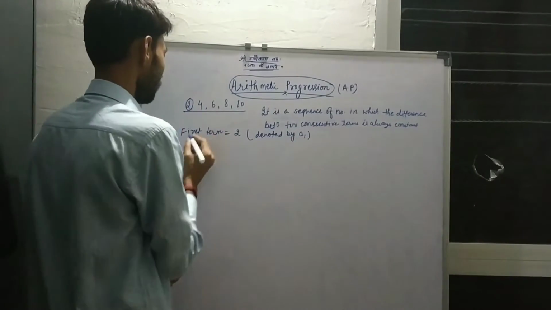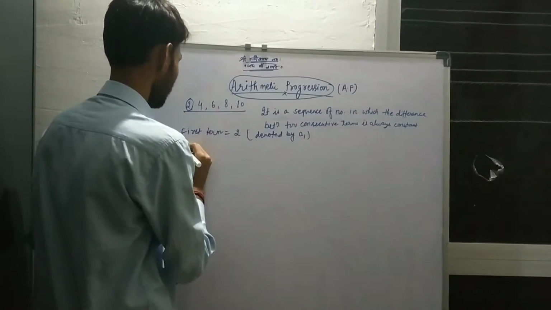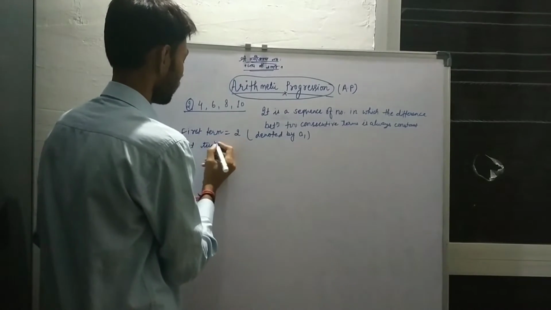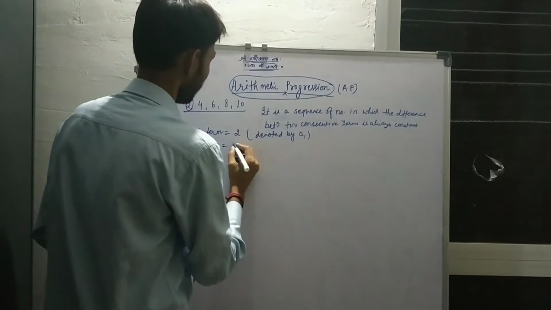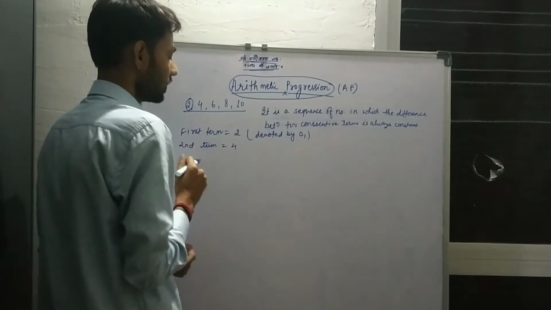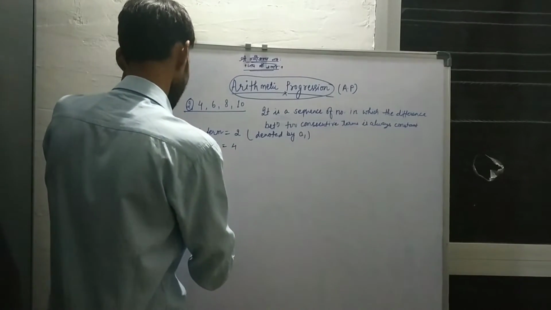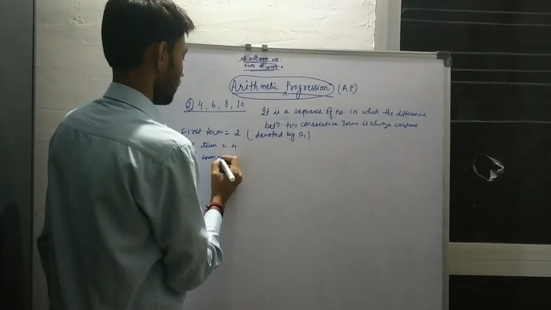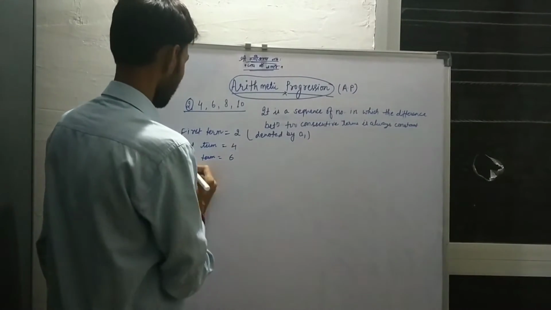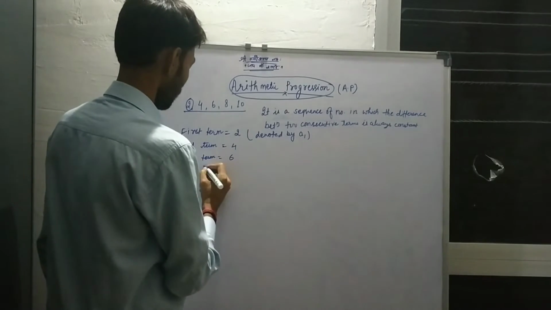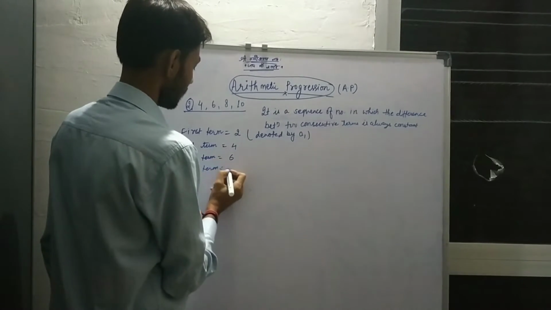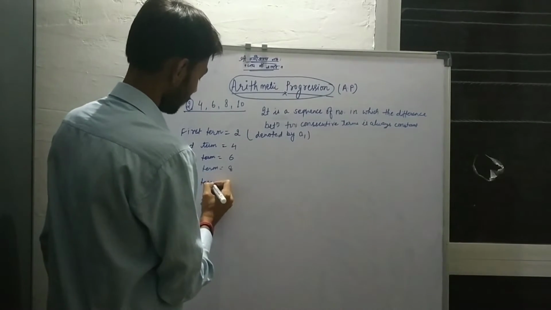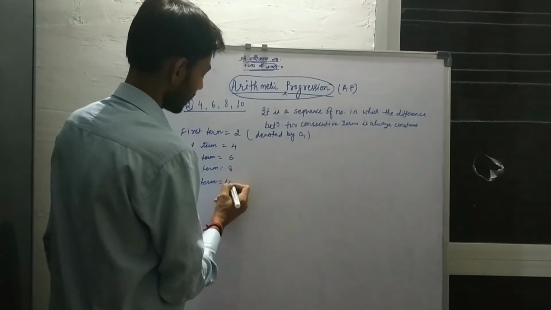Then the second term of the sequence is 4, the third term is 6, the fourth term is 8, and the fifth term is 10.